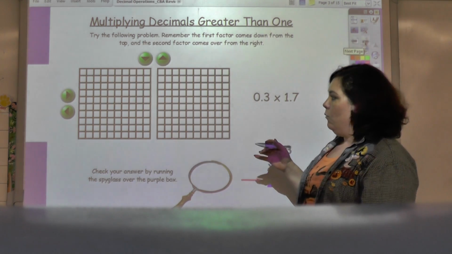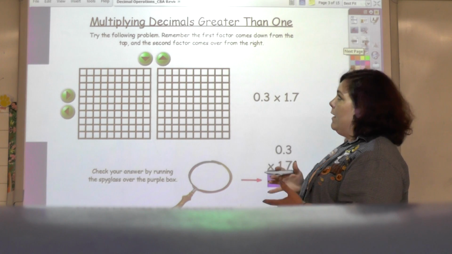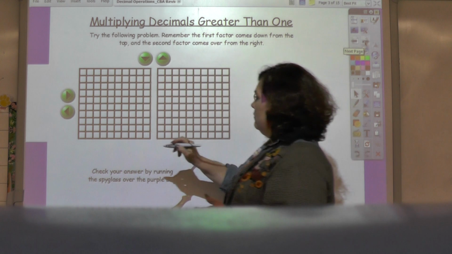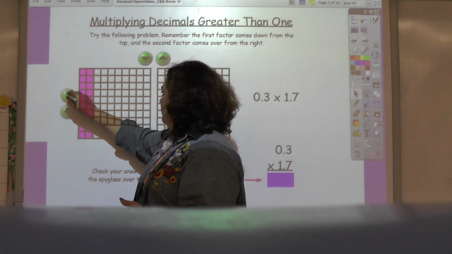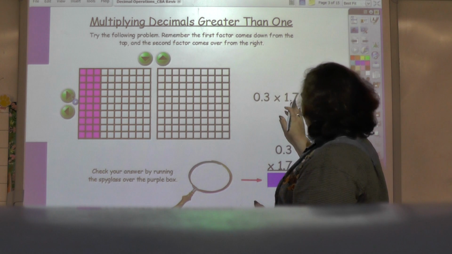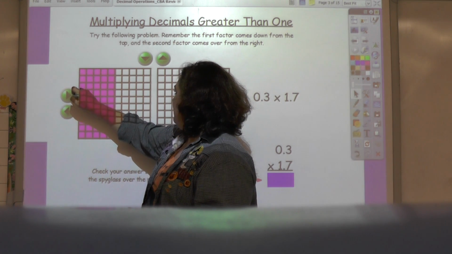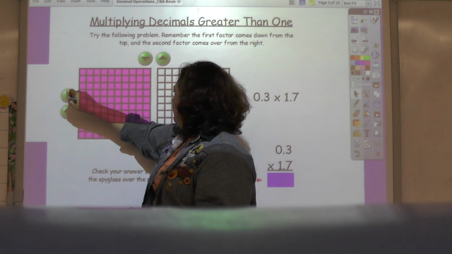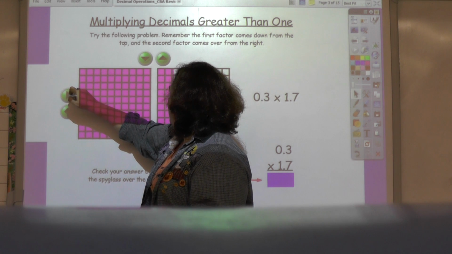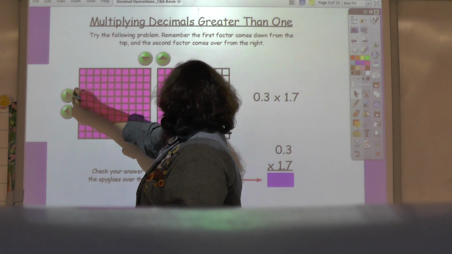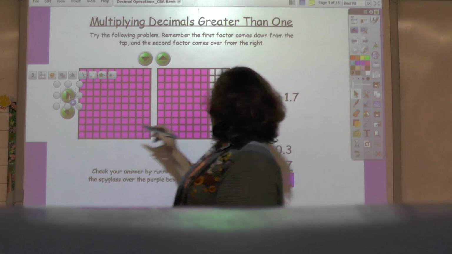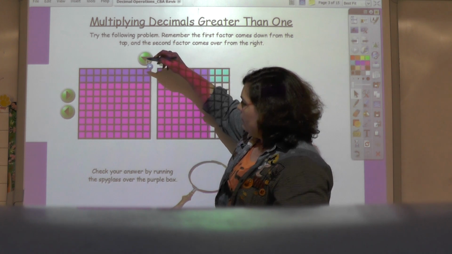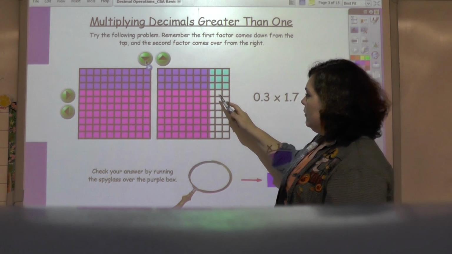Now what this looks like with a double grid with a number greater than 1 is you would have 3/10. Well, you'd have to do 1 and 7/10, sorry. 1 whole and then 7/10. 1 and 7/10, and then 3/10 would come down, 1, 2, 3, and your answer would be this.